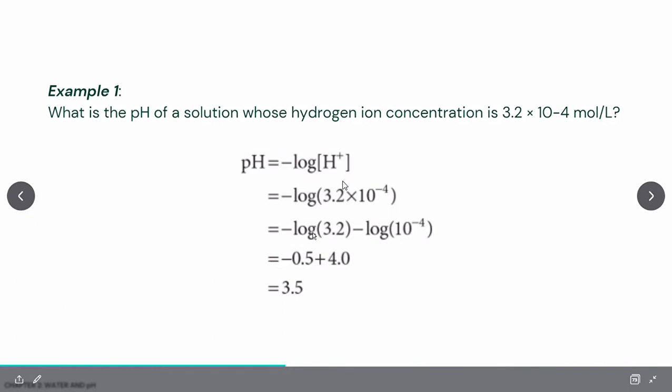So negative 0.5 plus 4. Why does it become positive now when that is negative? Because once you remove this, it's a negative 4, and you change the sign of this and it becomes positive 4.